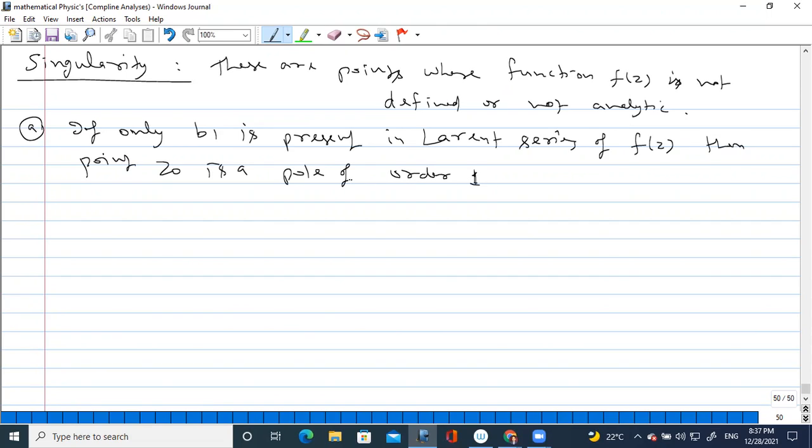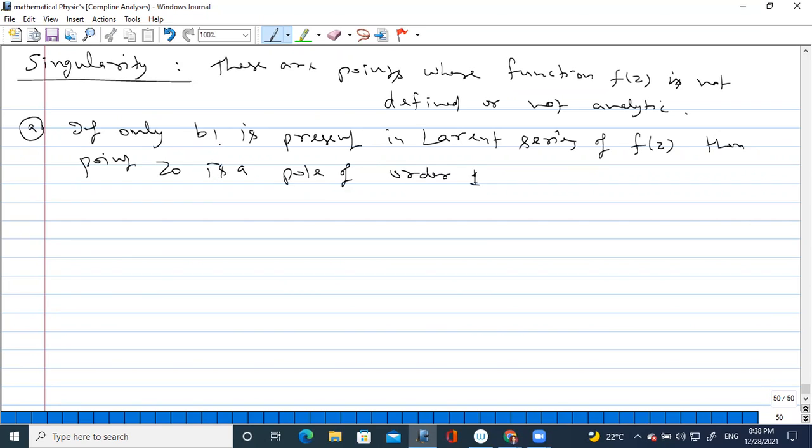Means there is only a single singularity, known as a pole. If the power is 2, 3, 4, then the order will become 2, 3, 4 like this.